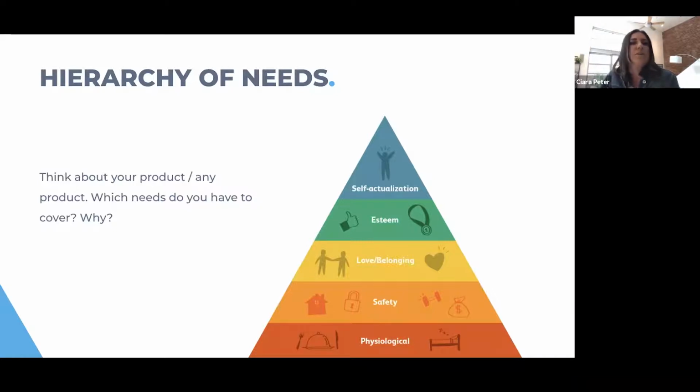And creating that software, you could easily think, well, this is for self-actualization and esteem. I'm going to evolve as a person. But when you think about what's at the core of HR and performance management, the reason you use that is for safety. Jobs, income, those all relate to the need of safety. So how do you make sure that it is very clear that you're solving for that safety first?